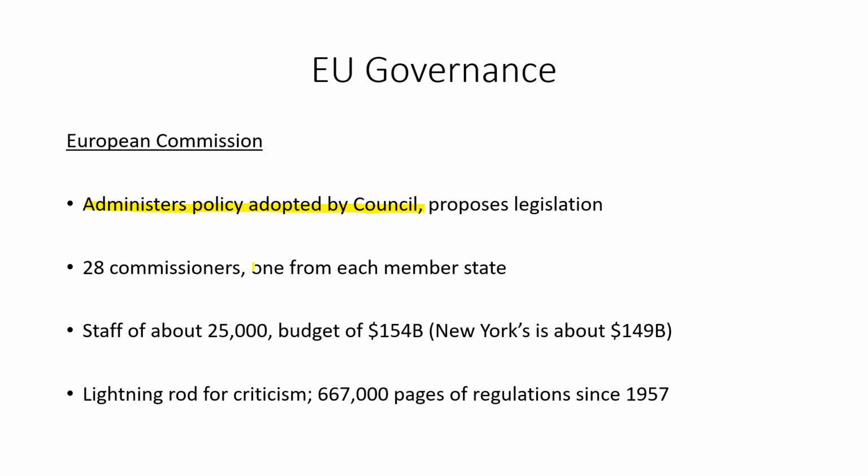And just like any bureaucratic arm of the government, it has gathered lots of criticism, lots of regulations. We do see that in the European mindset, they do seem to get a little bit more meticulous when it comes to regulations. We'll mention here in a minute how they had tried to write a European Union constitution, and it got so big and unwieldy that it failed.